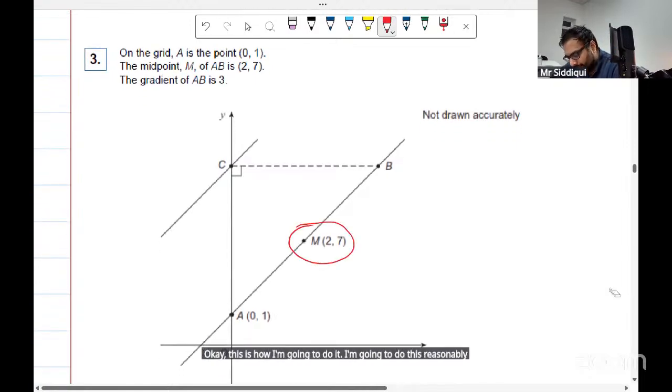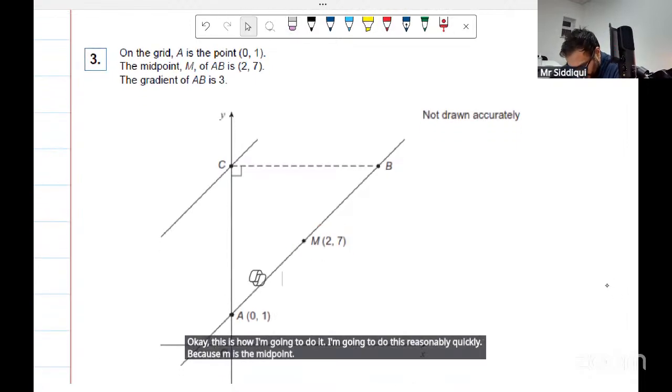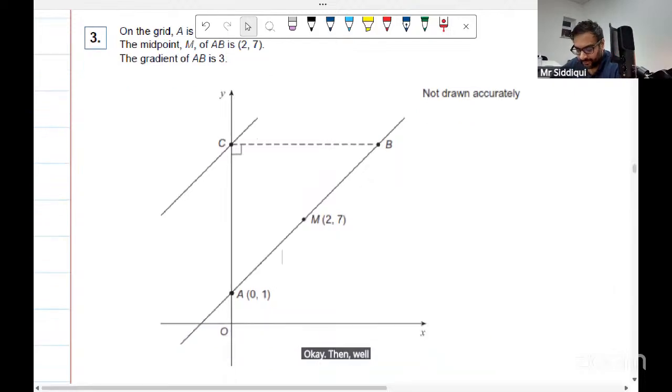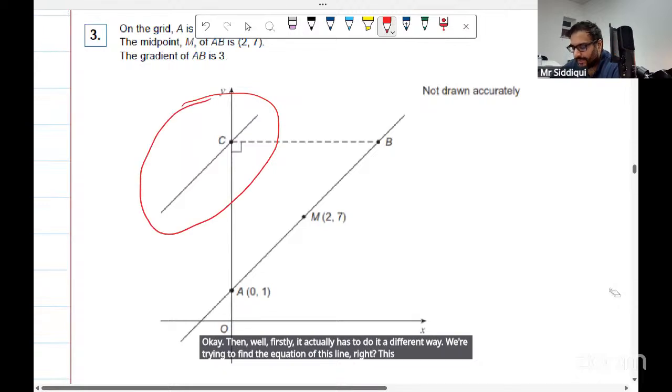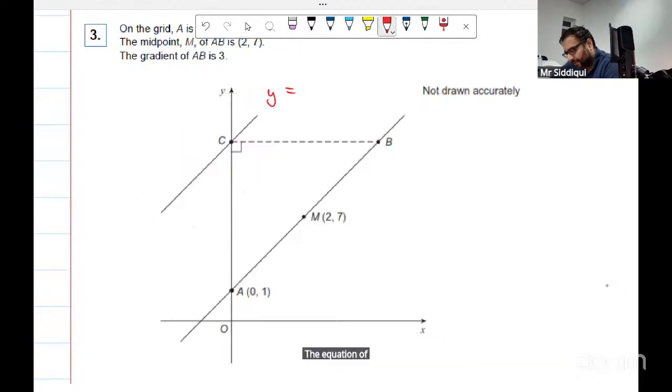Let's do it a different way. We're trying to find the equation of this line. The equation of a straight line is always y equals mx plus c. So we need to find the gradient and the y-intercept.